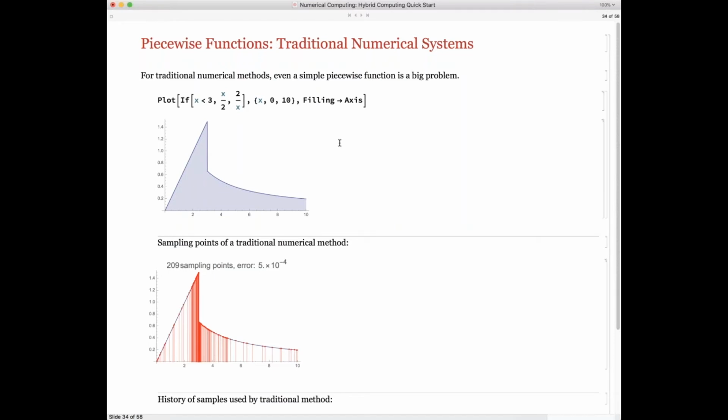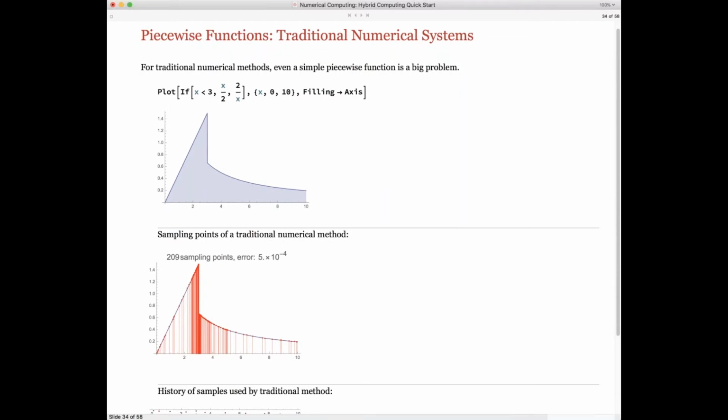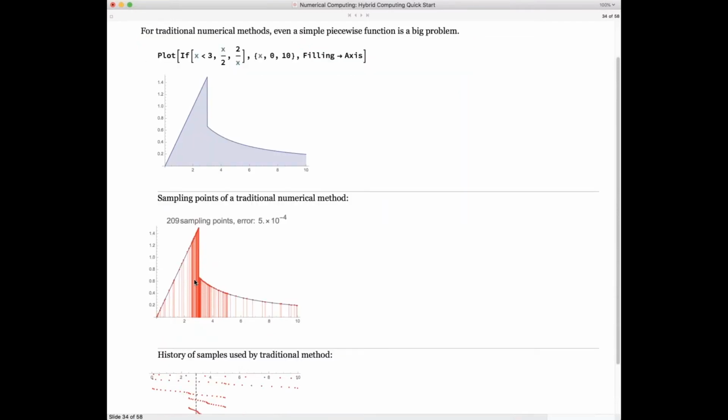A traditional numerical method can only do one thing: numerically evaluate the integrand. But getting an accurate estimate of this integral requires accurately knowing the location of the jump discontinuity at x equal to 3. So an adaptive numerical sampling process needs to repeatedly subdivide and sample closer and closer together in order to accurately model the behavior of this function near this point, where x is equal to 3.